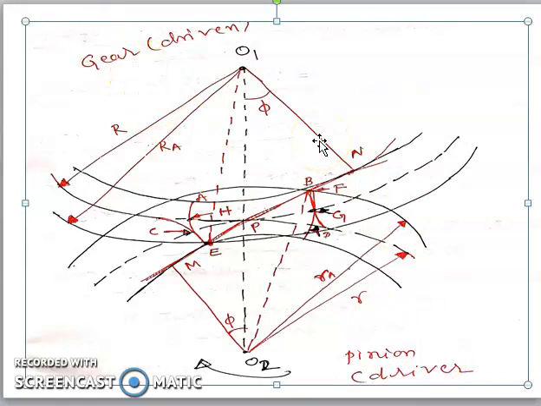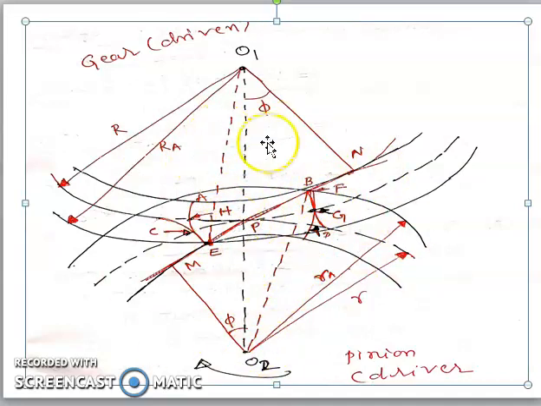Now, the addendum circle cuts the common tangent MN at E and F. In other words, the contact of the teeth begins at E and ends at F. As I told in the previous class, that is the beginning of the engagement to the end of the engagement.